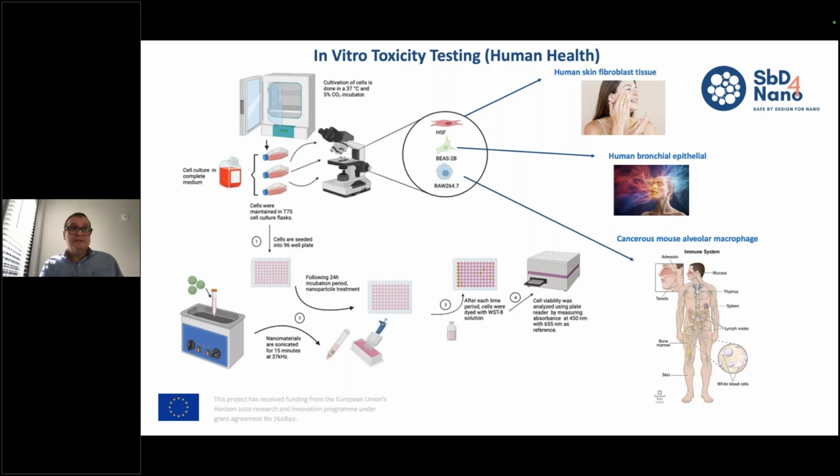For example, if someone is making these nanomaterials, they are probably exposed through the skin, or they can breathe these materials in. Then once these nanomaterials get into the human body, they cause inflammation and an immune response. That's why we selected these three cell types.